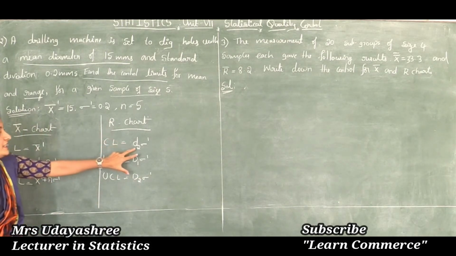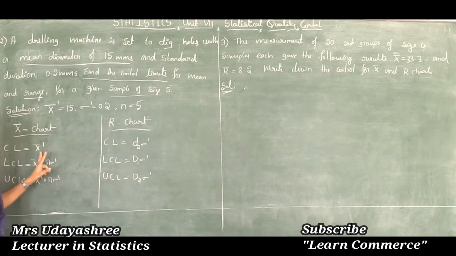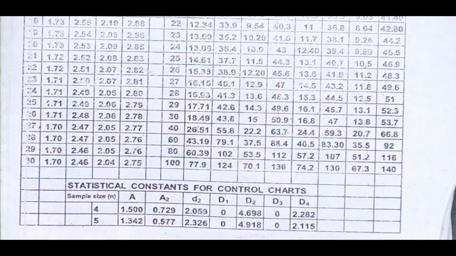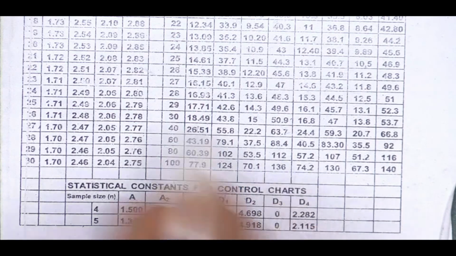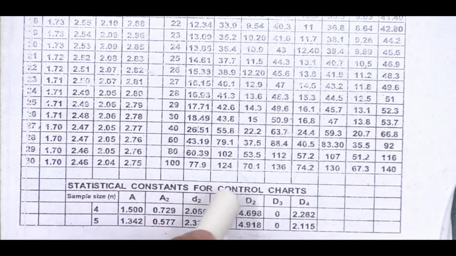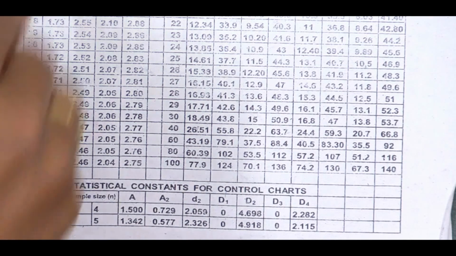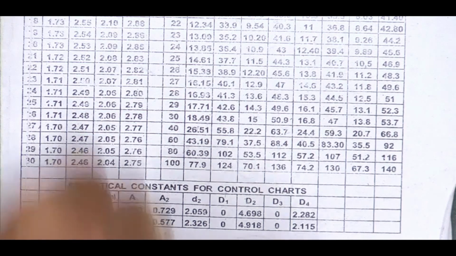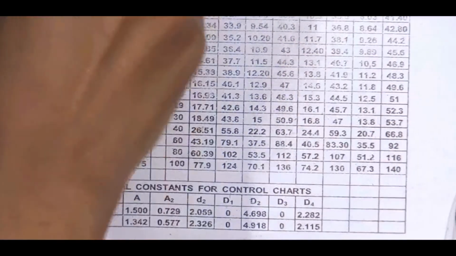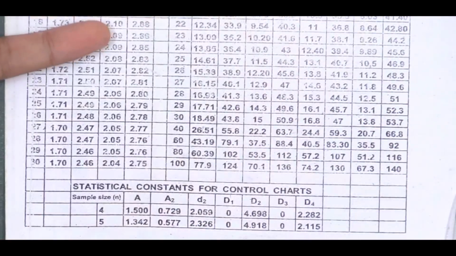See, these d2, D1, D2 and A values are statistical constants. Those values are available in the statistical table. Let me show that. To find A, d2, D1 and D2, we need to see the statistical constants for control charts. This statistical table is available in the textbook on page number 431.